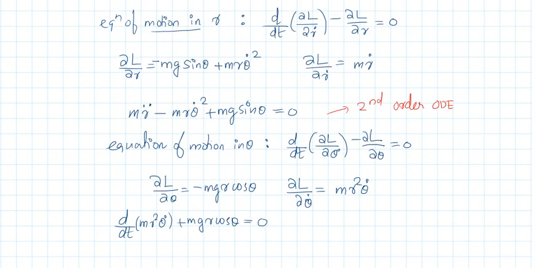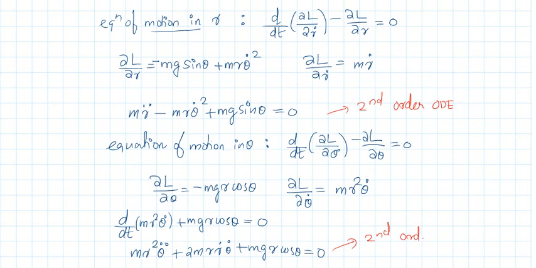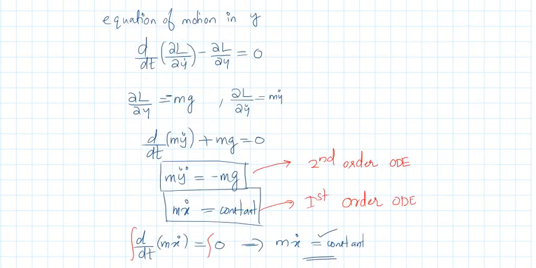I can expand this again: m r square theta double dot plus 2 m r r dot theta dot plus mgr cos theta equal to 0. Again, a second order differential equation, which is very complicated. So, for the same problem, projectile motion, when we use Cartesian coordinates, the solution is very easy.